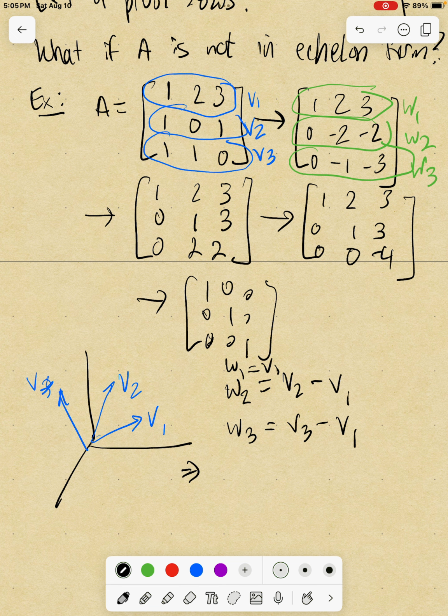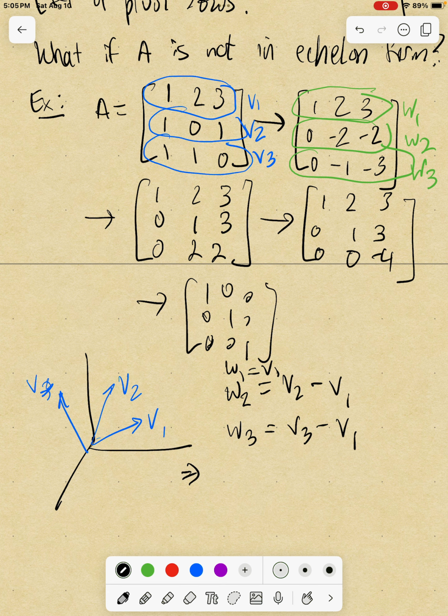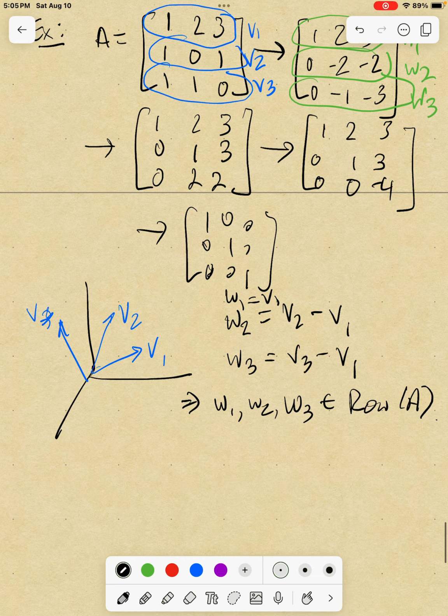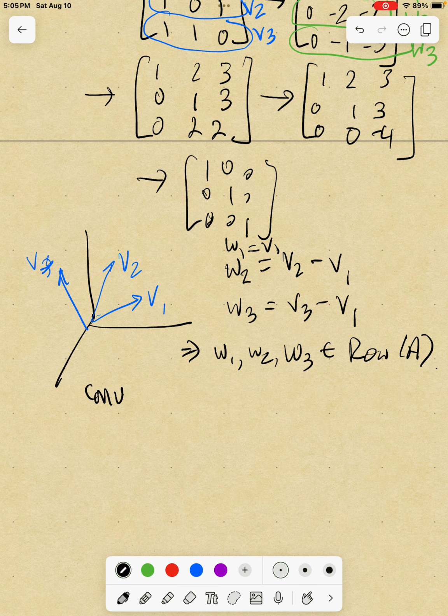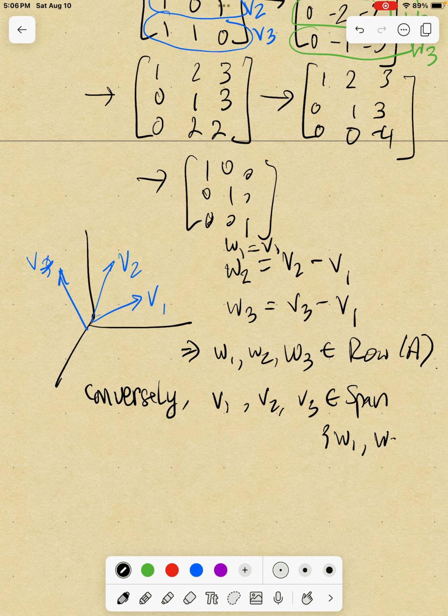So therefore, W1, W2, and W3 are in the row space of A, because they're in the span of V1, V2, and V3. Conversely, V1, V2, and V3 are in the span of W1, W2, W3.